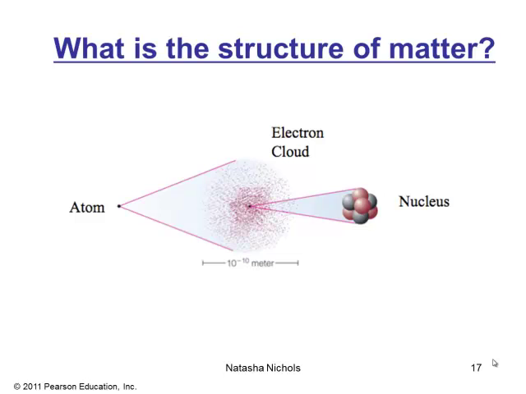Now, just to give you an idea of sizes, if you magnify a hydrogen atom, and remember, a hydrogen atom is the one that has one proton and one electron, by 10 to the 12, that's 1 followed by 12 zeros, then we're making the nucleus, meaning the proton, the size of a grape seed.